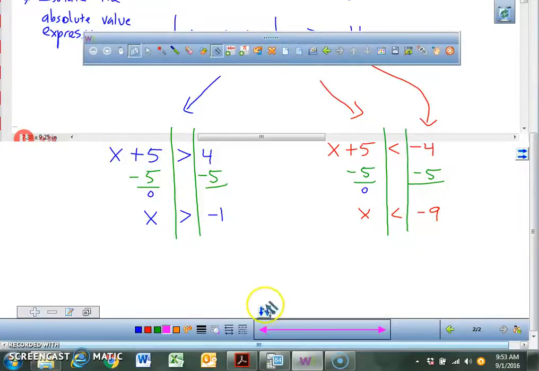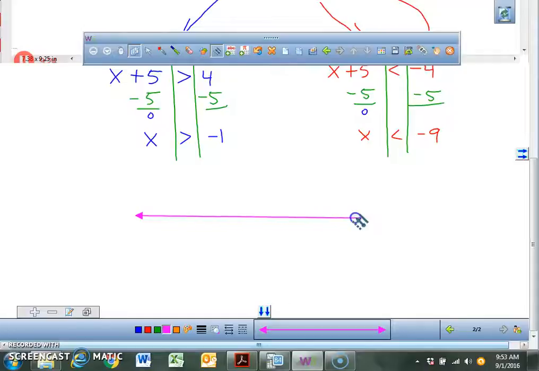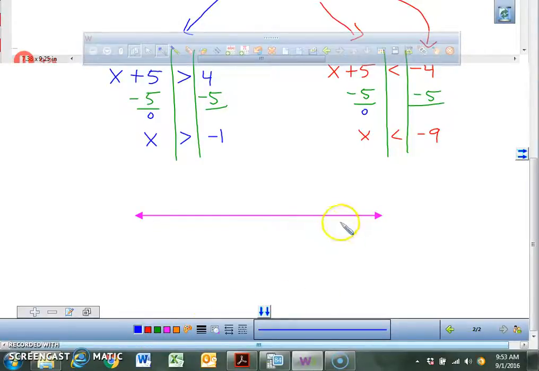Now, I'm going to use the number line once again to help us figure out what's happening in the problem. Right here, I'm going to put a little 0. Right here, I'm going to call that -1. And way over here, I'm going to put a -9.